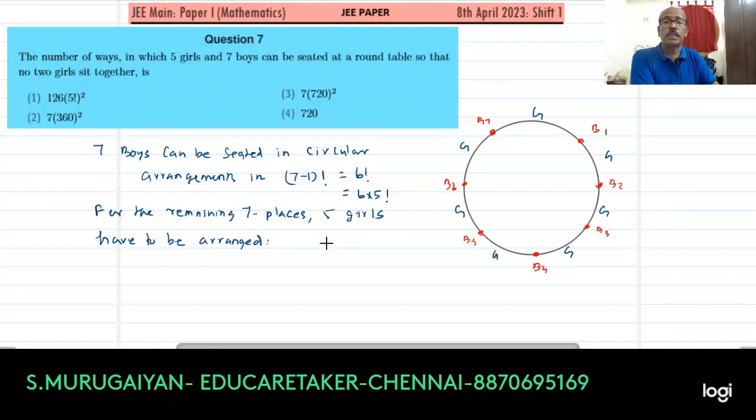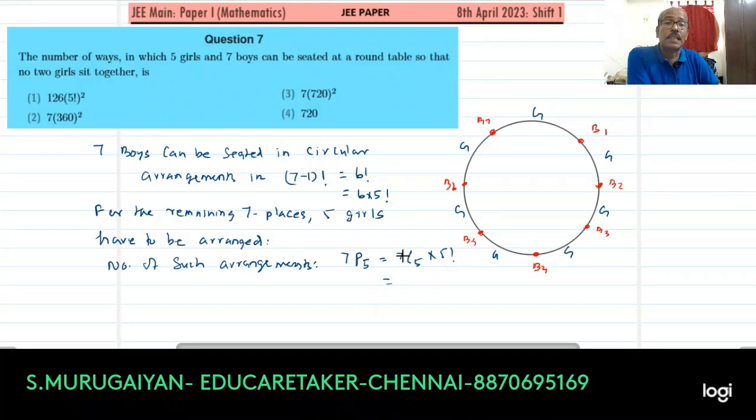So the number of such arrangements is 7P5, permutation. 7P5, using properties, is 7C5 into 5 factorial.